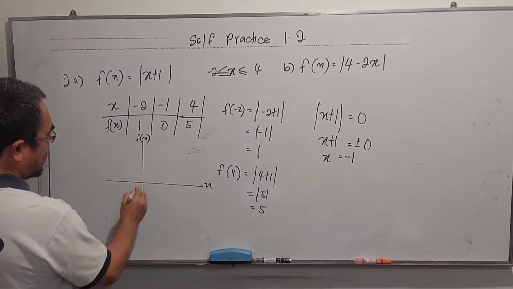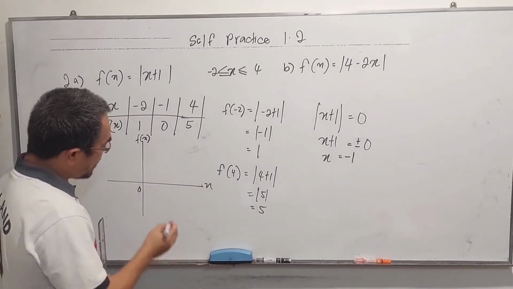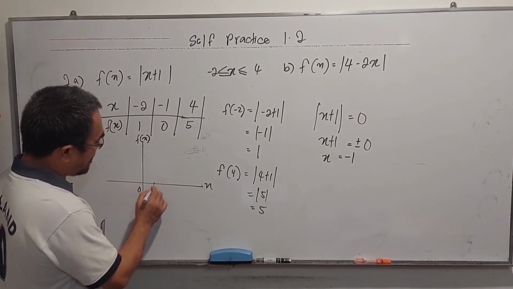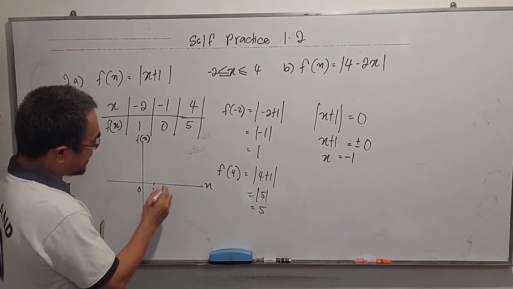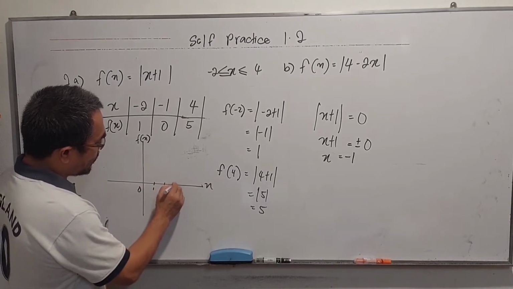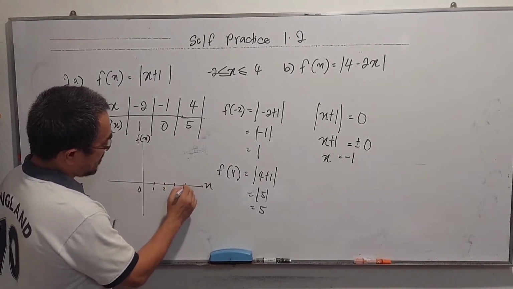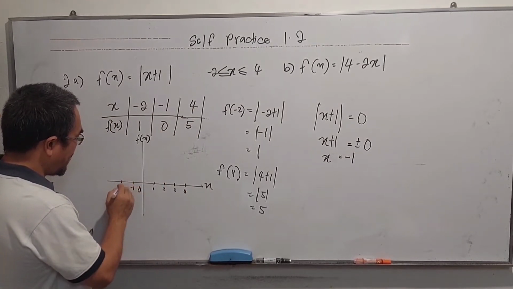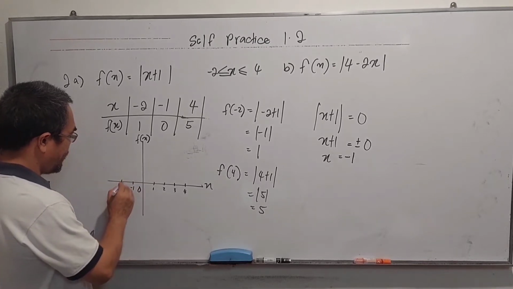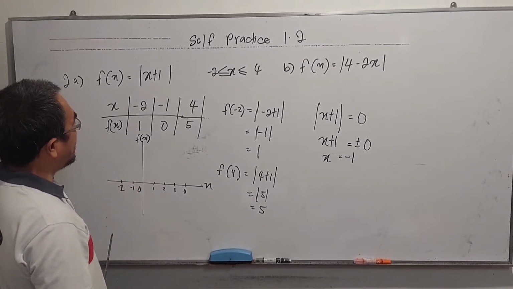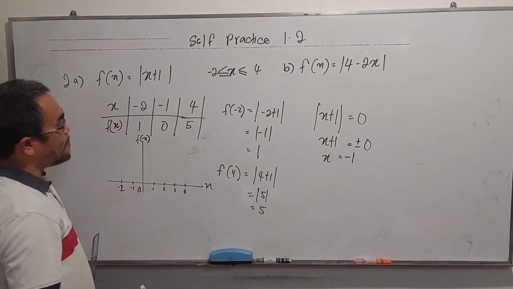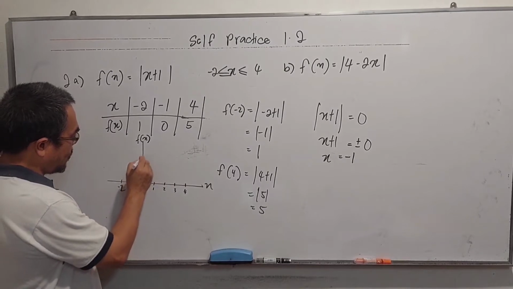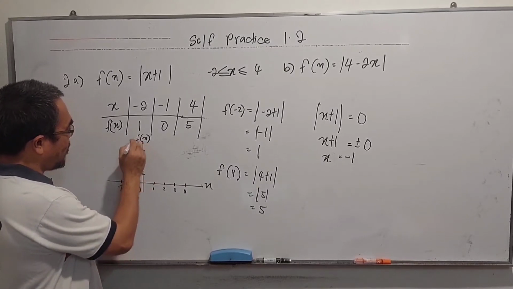Okay, so 0, and make sure you keep the same distance: 1, 2, 3, 4. So x goes until 4, with -1 and -2. And for f(x), all values are positive, so let's say 1, 2, 3, 4, 5.